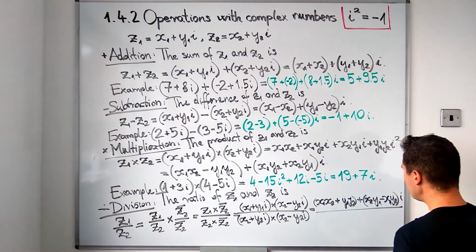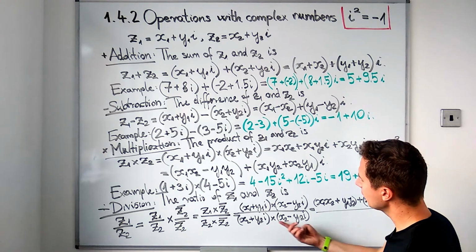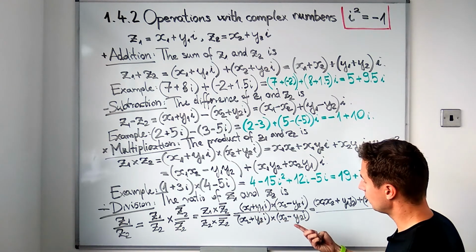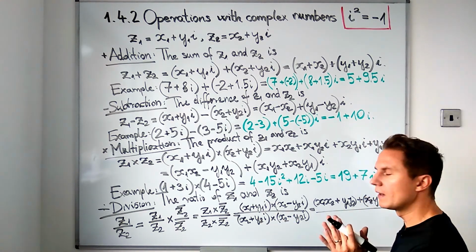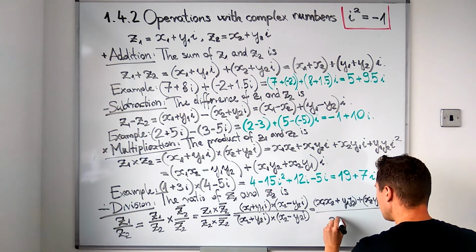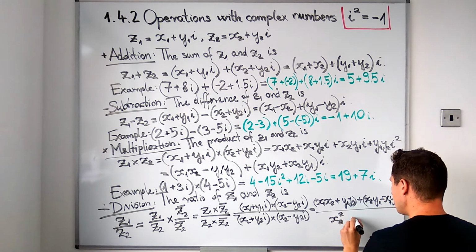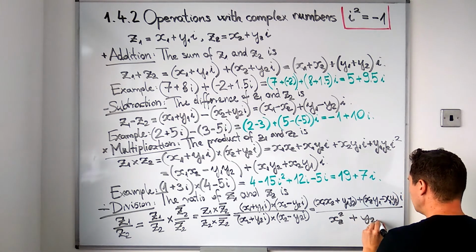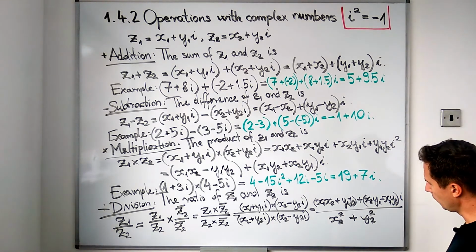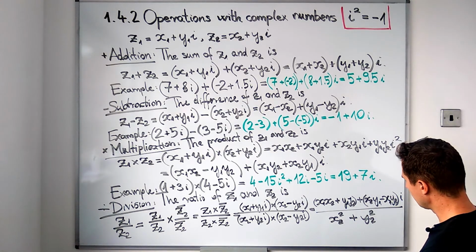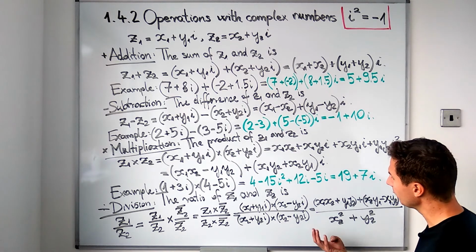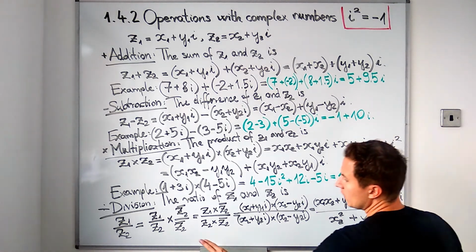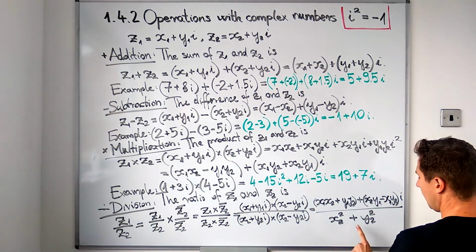And what we are dividing by is very important. If you calculate this product in the denominator, what you'll get is a real number: x2 squared plus y2 squared. So that is very important, that x2 squared plus y2 squared appears in the denominator because we have used this trick, and that is a real number.